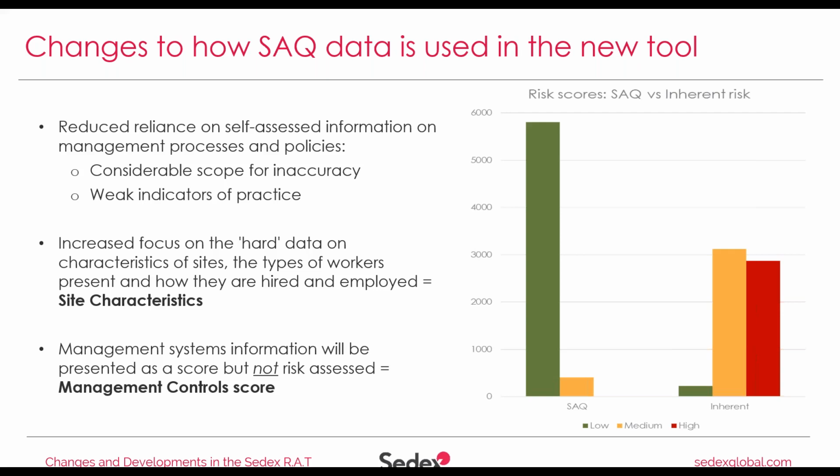But that is not a risk assessed score. It will sit within the risk tool as part of a report and can be looked at alongside the risk information. And the management control score is also what then gets put into the supplier facing report that comes out of the self-assessment questionnaire.